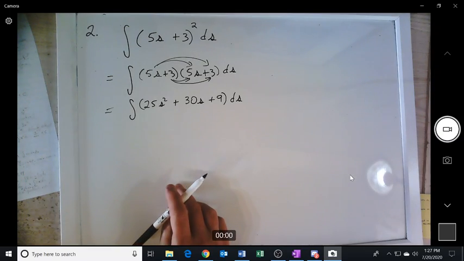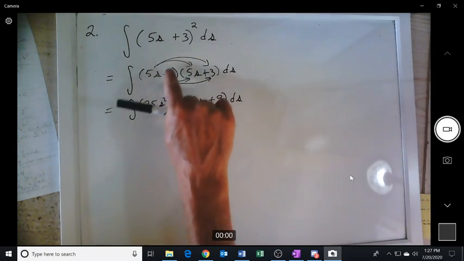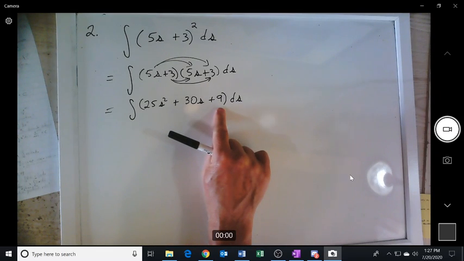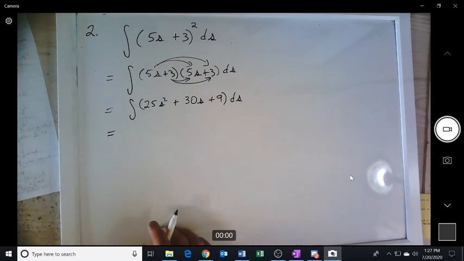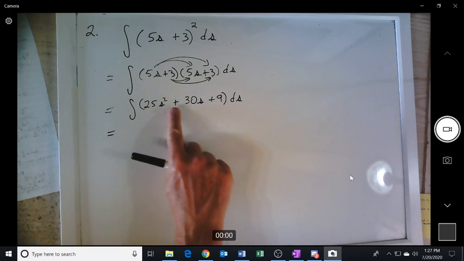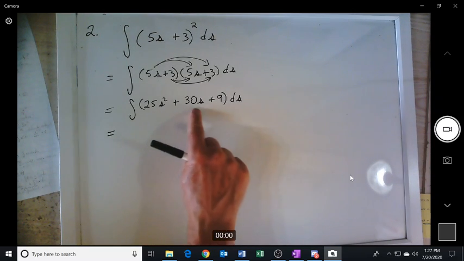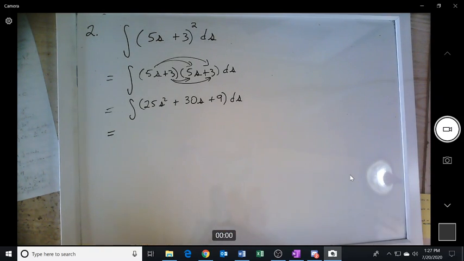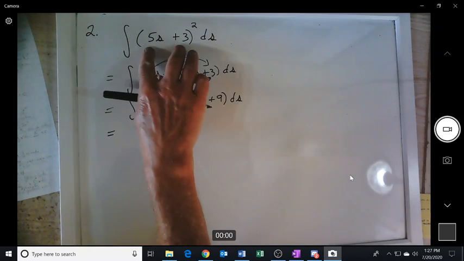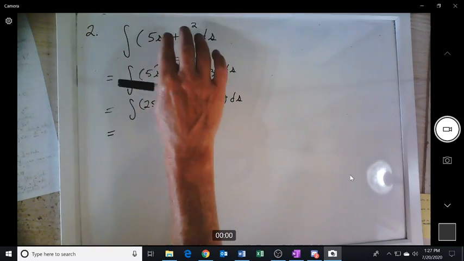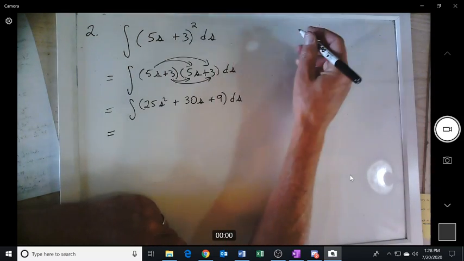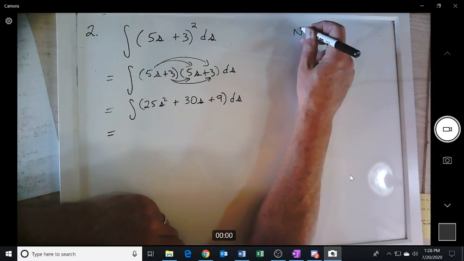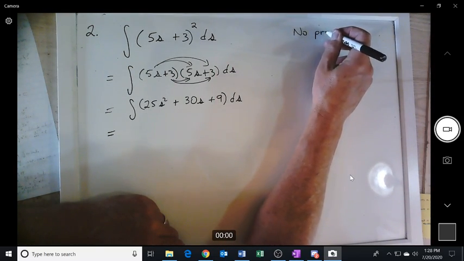So what we're going to have to wind up doing is simplifying this as much as we can. And then we have one of the properties that allows us to say the integral of a sum is the sum of the integrals. It doesn't turn out to be the integral of a product. Alright. So one of the points that I'm making with this is that there is no product rule.